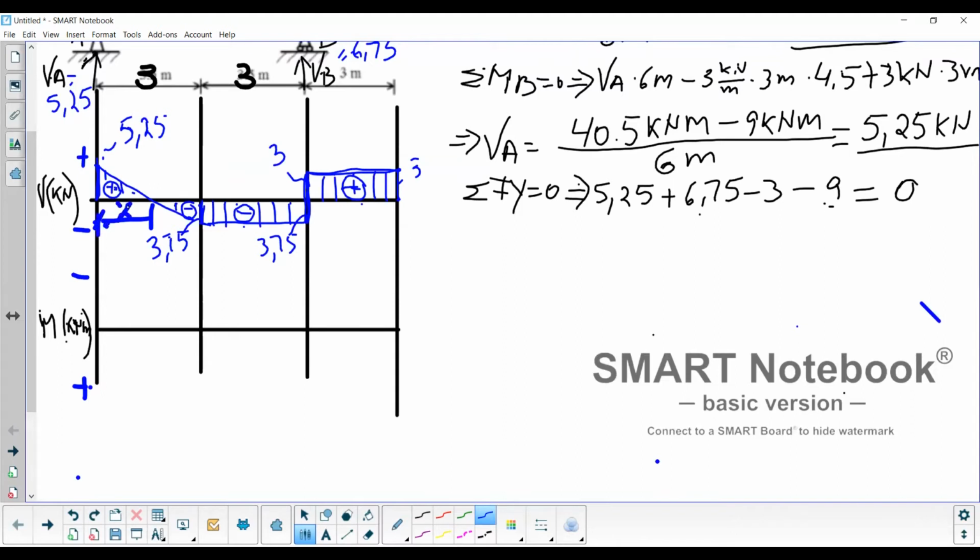Let's call it out X. Hopefully you're able to see this. So let's calculate our X. We will calculate this X out of these 2 similar triangles. This is my X, and this is my value here, which is 5.25.